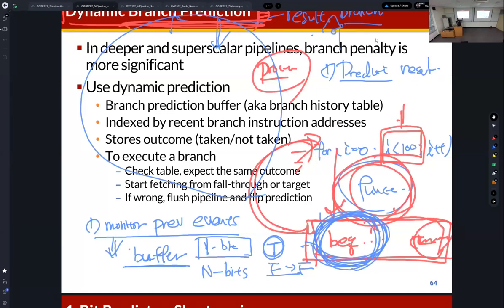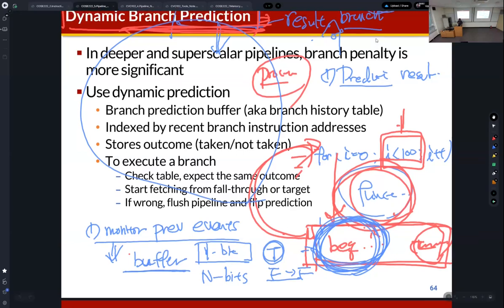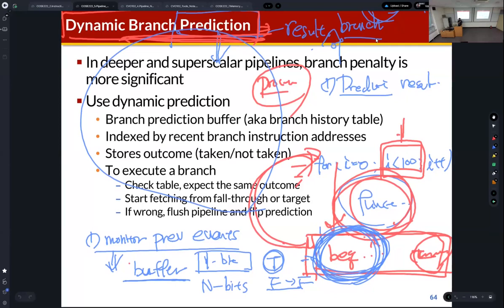If the hit rate is high, then we can use our prediction technologies. And I also mentioned that in the modern processor, many prediction technologies are applied.